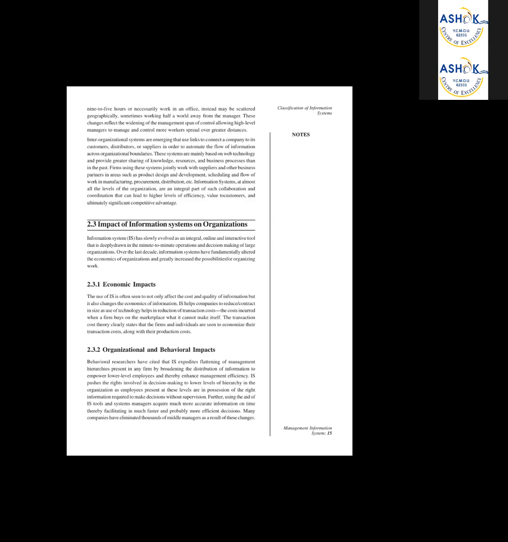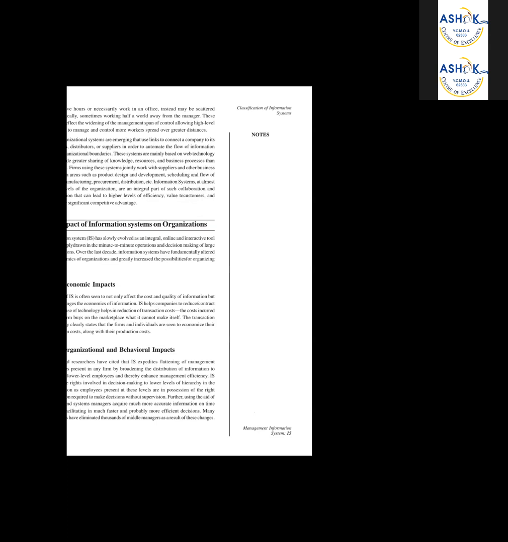Further, using the aid of these tools and systems, managers acquire much more accurate information on time, thereby facilitating much faster and more efficient decisions. Many companies have eliminated the option of middle managers as a result of this change.